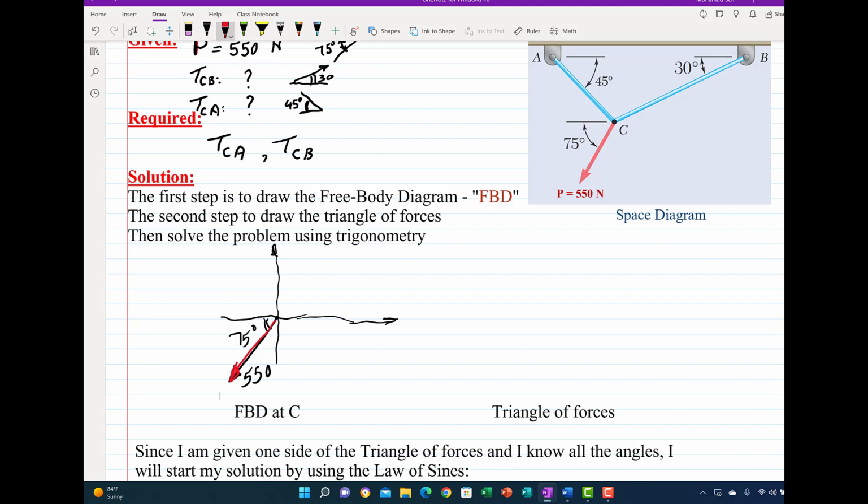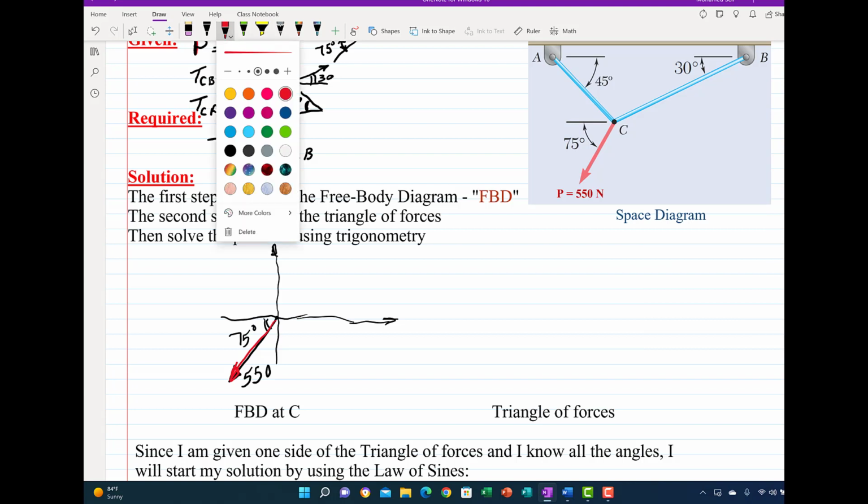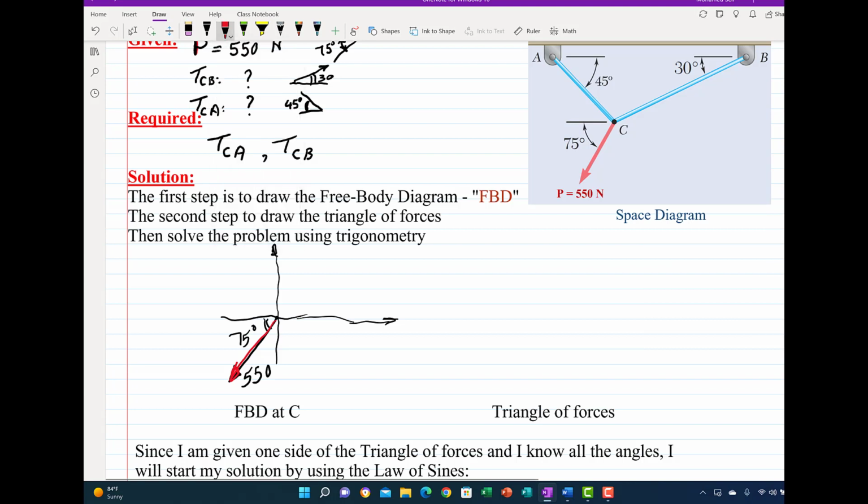Then the next force I have is the tension in the cable CB. So I have this tension in the cable CB, and it is making 30 degrees. And this is tension CB.